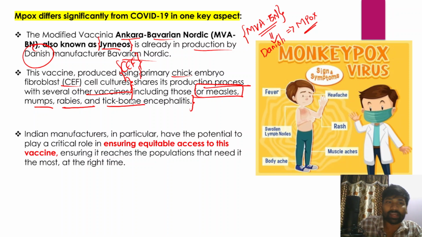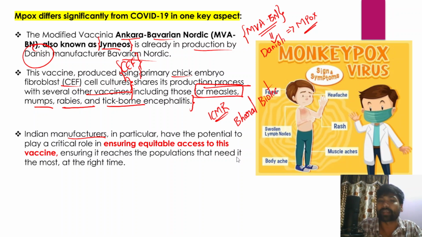In this context, we have a lot of vaccine manufacturers in India, both at public and private levels, with strong vaccine manufacturing facilities. For example, we need to talk about the ICMR role during the COVID-19 pandemic, and we also have Bharat Biotech, which we should not forget.